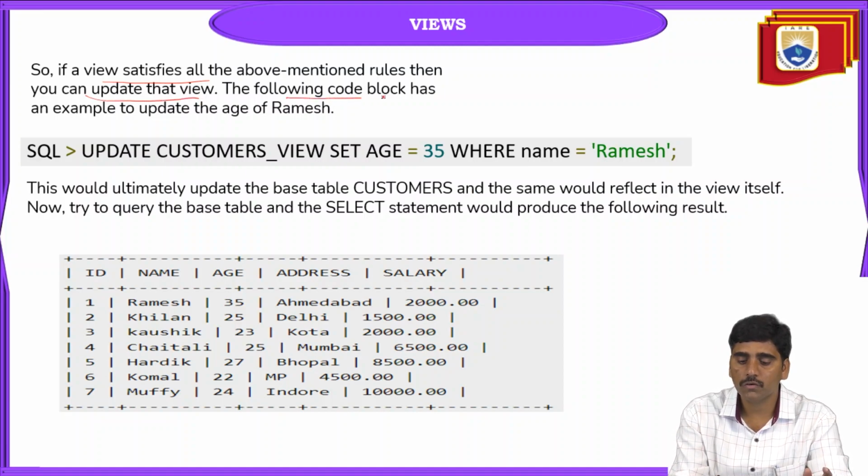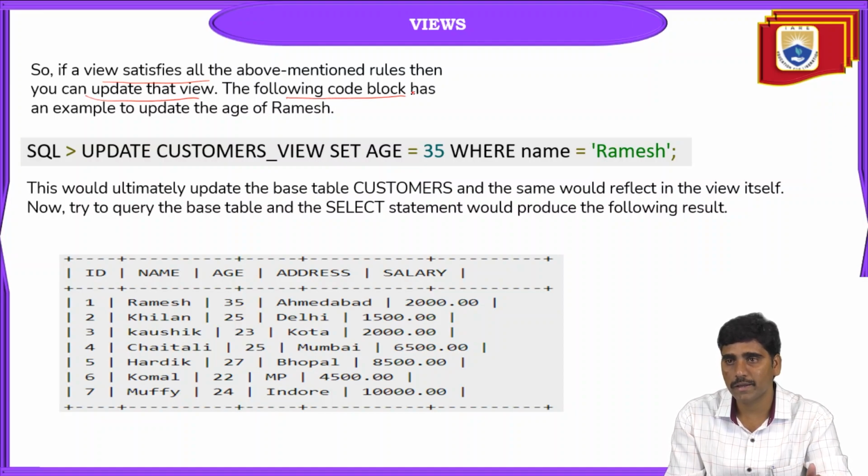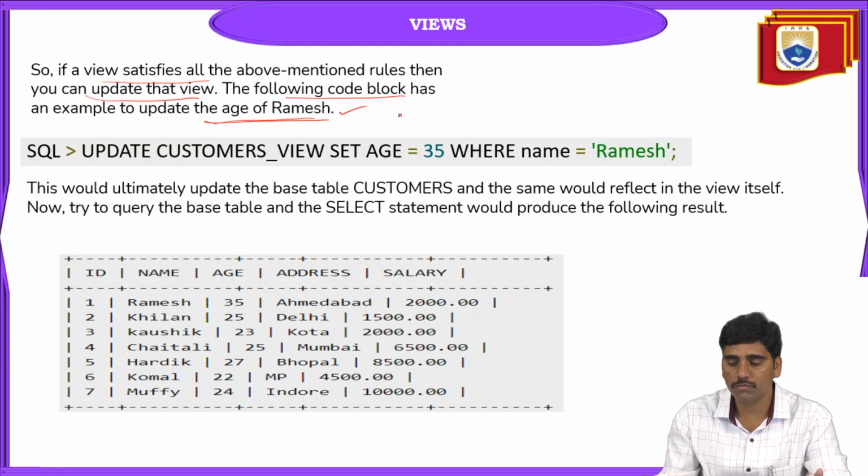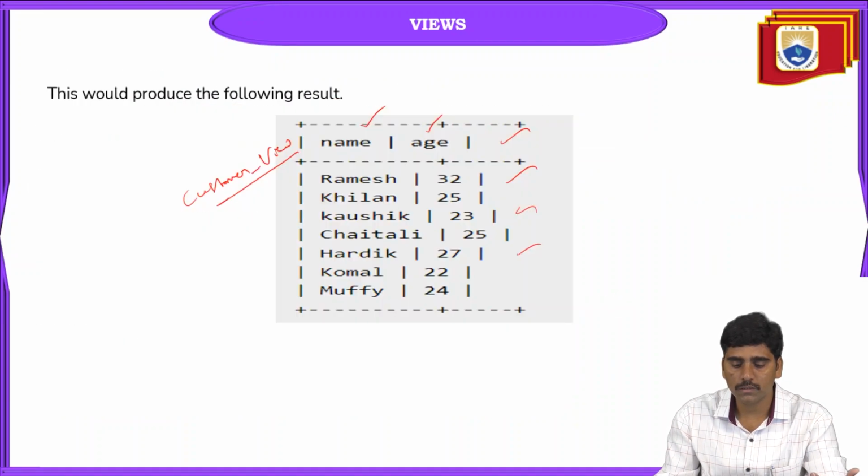The following code block has an example to update the age of Ramesh. See here in this example, Ramesh's age is 32.